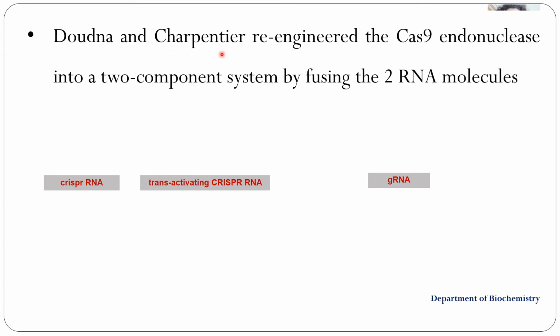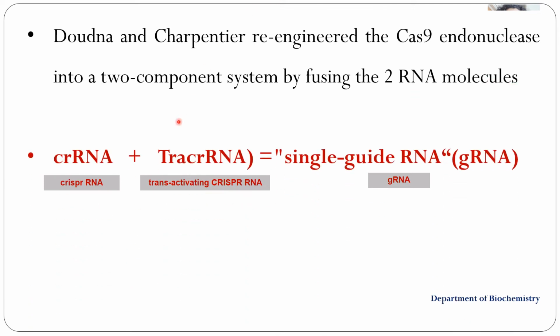So Doudna and Charpentier re-engineered the Cas9 endonuclease into a two-component system by fusing the two RNA molecules. Let us see what they did. They fused the CRISPR RNA, that is crRNA, and the tracrRNA, that is trans-activating CRISPR RNA, into a single guide RNA or gRNA.